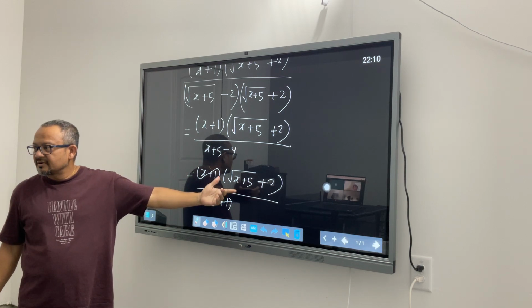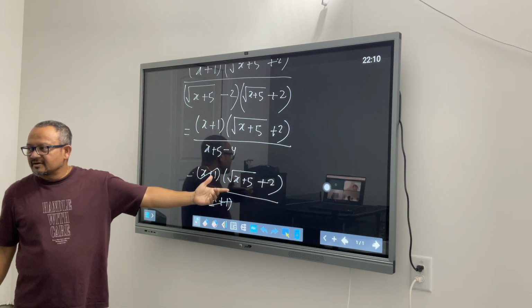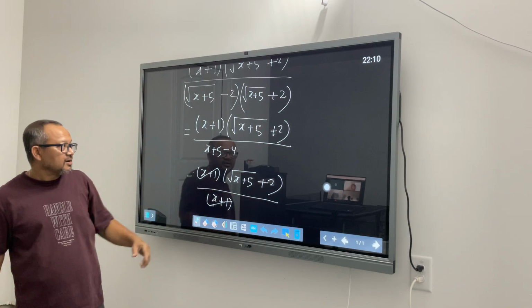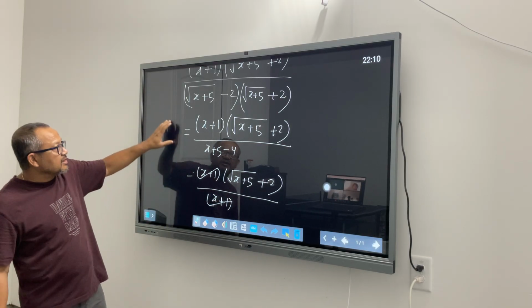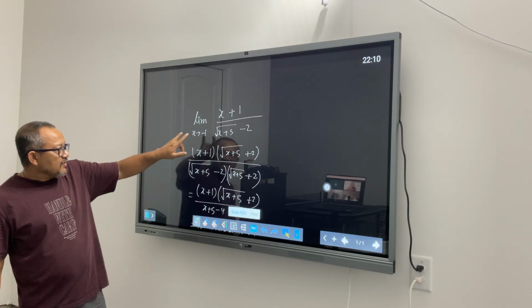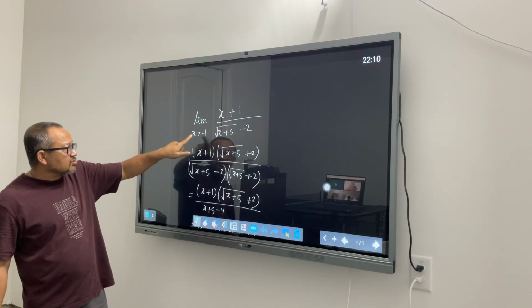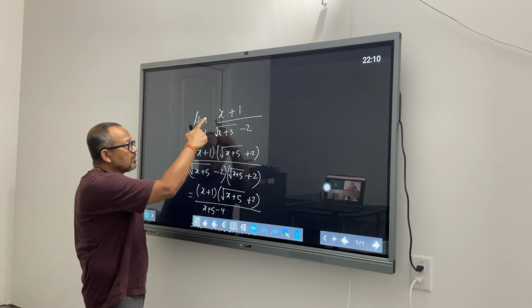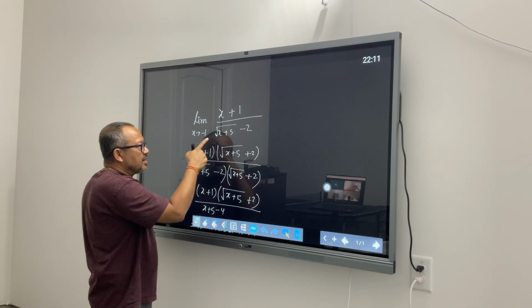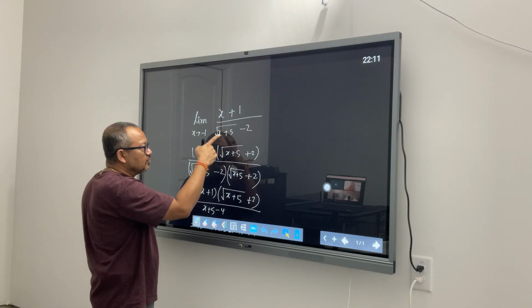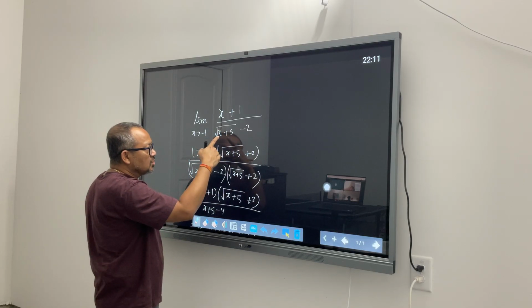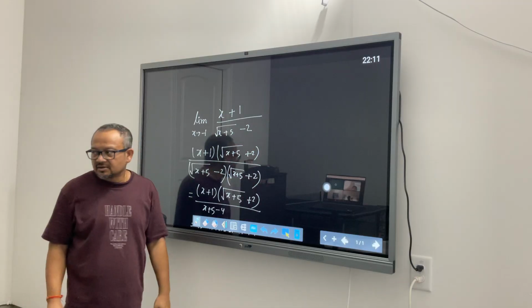Yeah? Are you guys with me so far? And again, before I did all this, we first tried substituting x equal to minus 1 in this one. This is minus 1 plus 1, 0. Minus 1 plus 5 is plus 4. Square root of that will give me a 2. 2 minus 2 is 0.